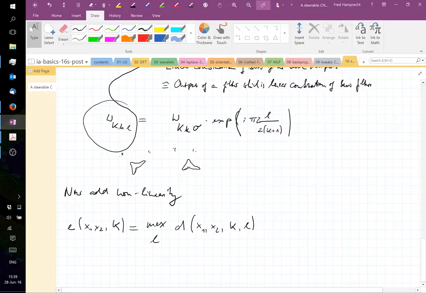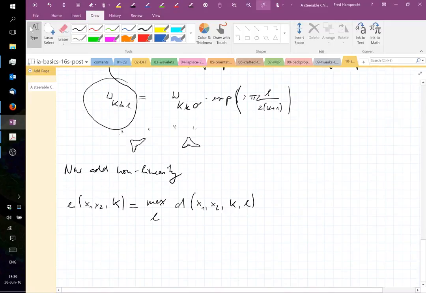Or we could say, for example, we want to combine this with a max pooling. So this filter here, let me first write this down.